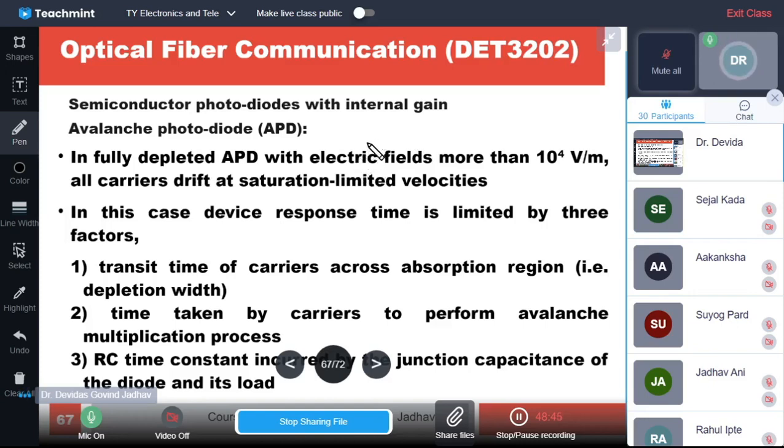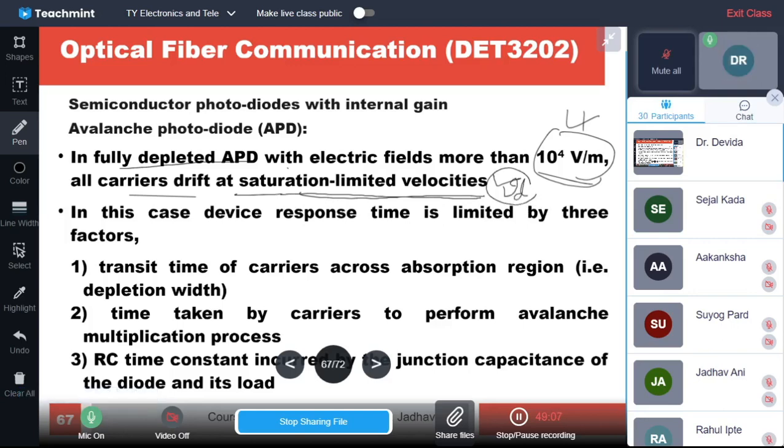In the fully depleted APD with an electric field more than 10 raised to 4 volts per meter, very high electric field, all such carriers drift at saturation limited velocities, vd. These are the maximum velocities that can be attained by charge particles.